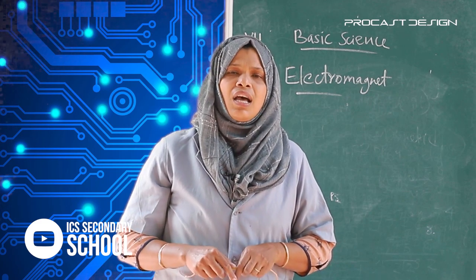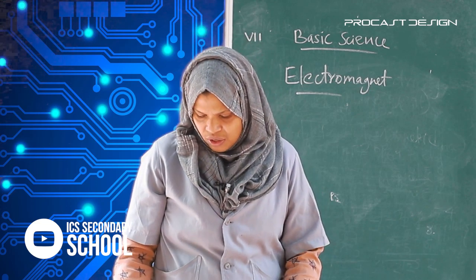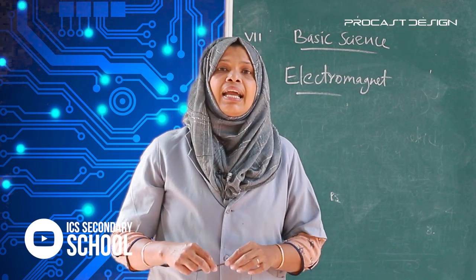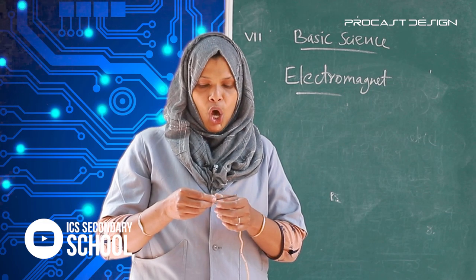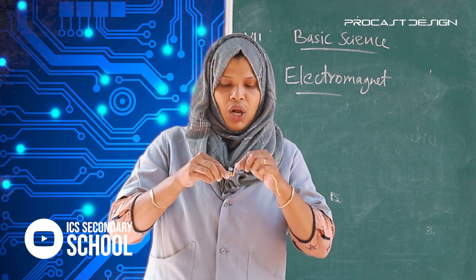Take a 75 centimeter long insulated copper wire, then take a nail, then wind the copper wire over an iron nail very closely like this way.